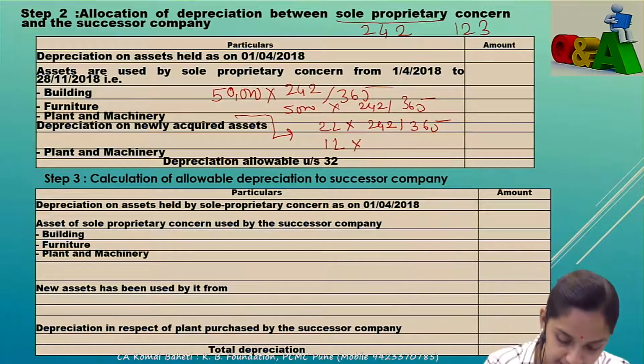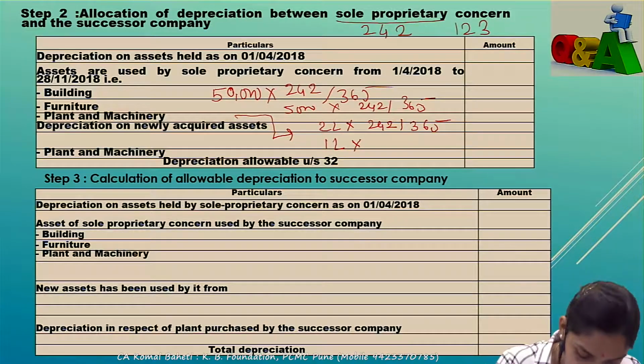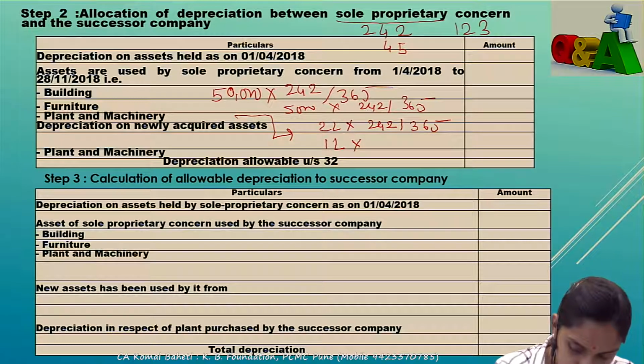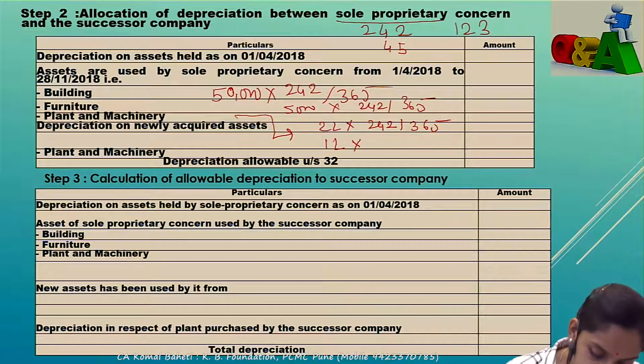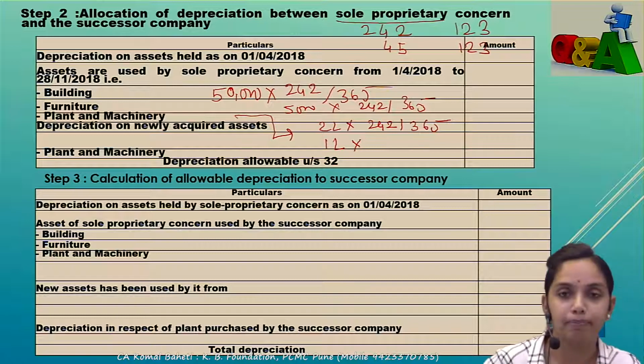So the asset has been used for 45 days by the proprietary concern and 123 days by the company.